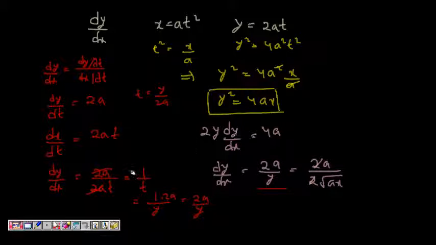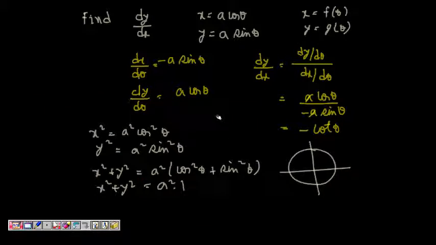I hope you understand this. Similarly, for the circle we found minus cot theta, but we could have got the same solution from the implicit form. Differentiating both sides with respect to x, 2x plus 2y dy by dx is equal to 0.